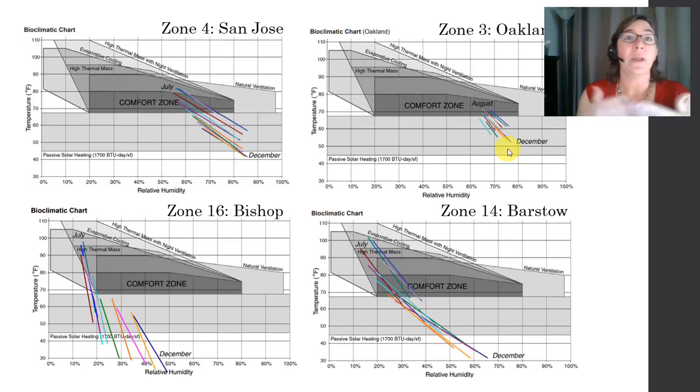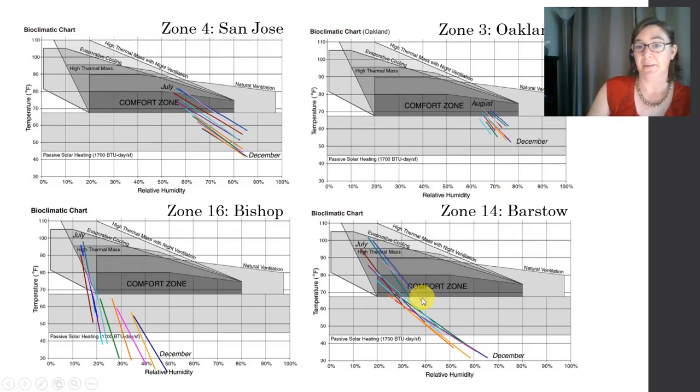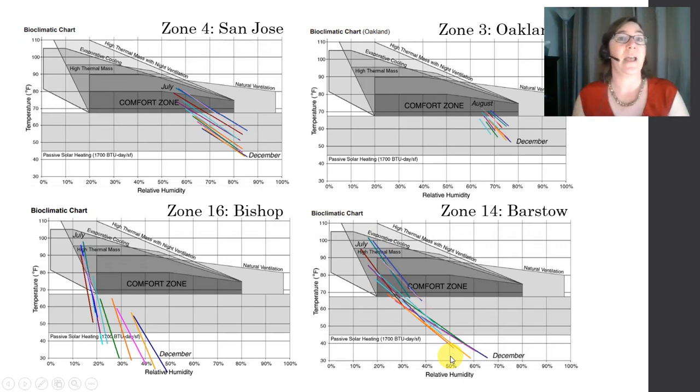We do have some more extreme climates here in California. And so let's take a look at Barstow. This is our southern desert climate. And you can see that although there is definitely a chunk of the year that's in the human comfort zone, they have a much wider variation in temperature.